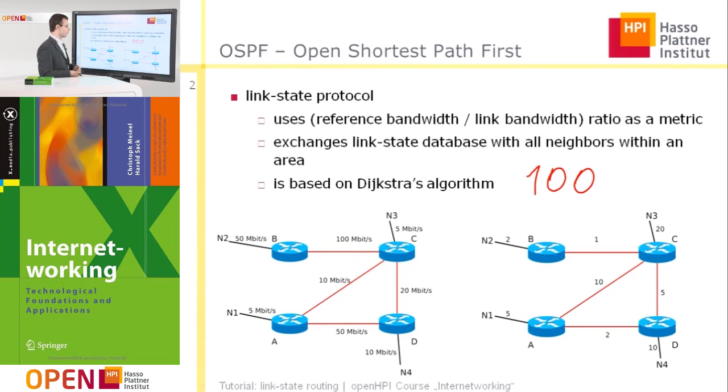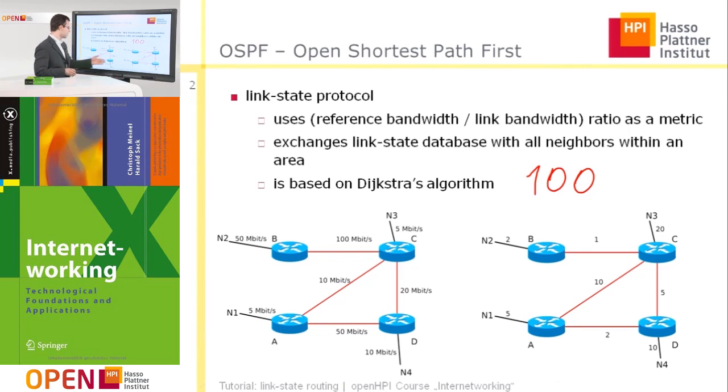For every link we need to divide the reference bandwidth of 100 megabit per second by the real bandwidth of the link. For this link it will be 100 divided by 100, which is 1. Similarly here we divide the reference bandwidth of 100 by 10 megabit and get the metric of 10.